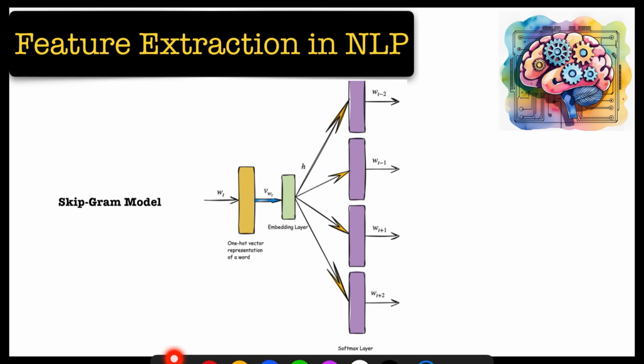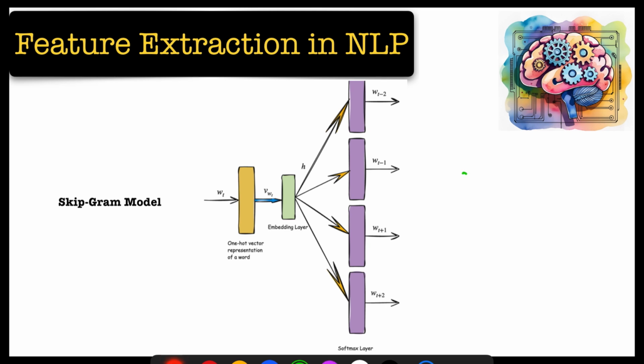For the skip-gram model, this is the one-hot vector representation of a word, WT. This is the embedding layer, and all the layers will have multiple nodes; I have just shown them as a block. It will output the context words.